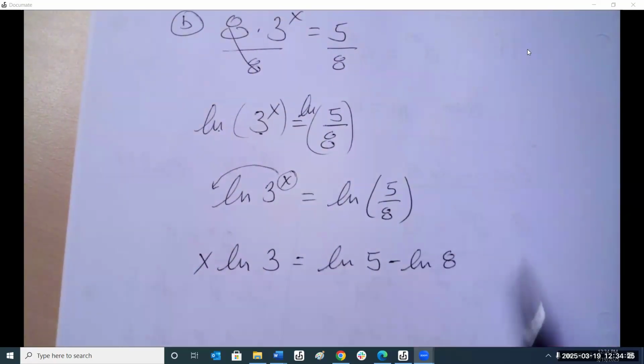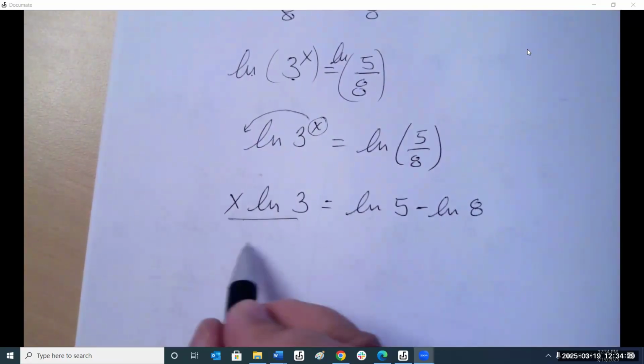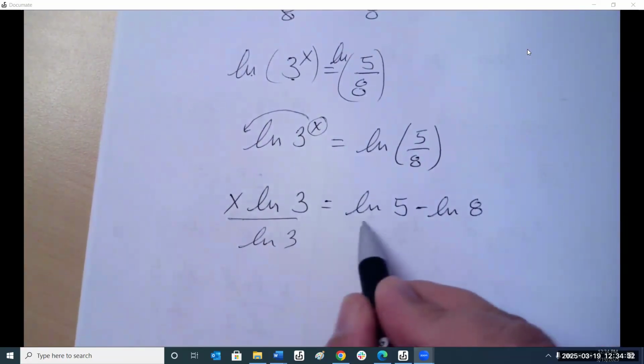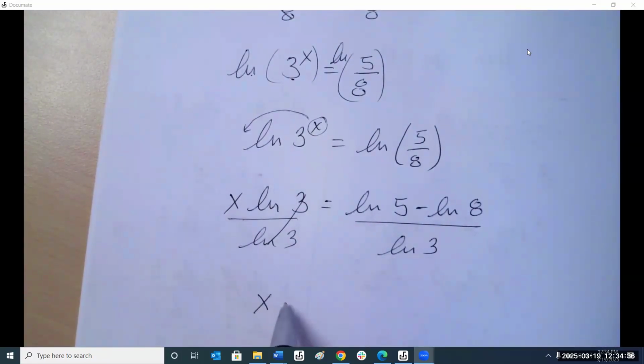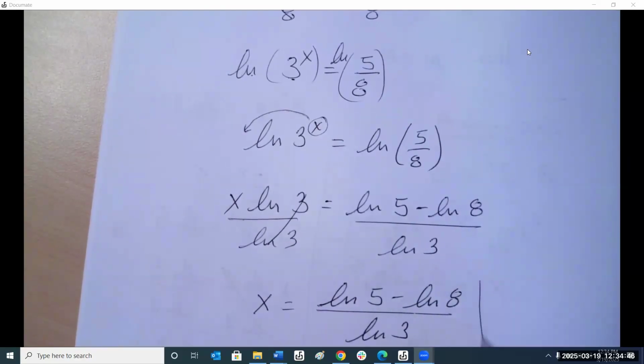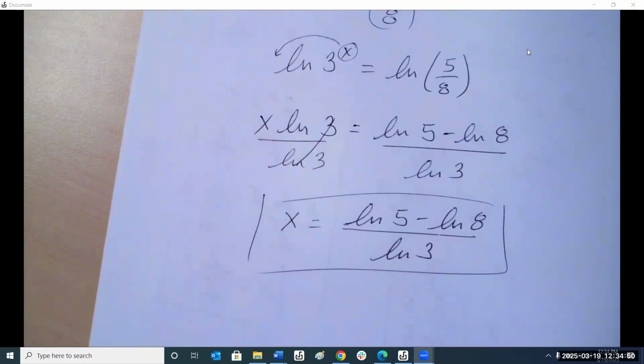Because it's a fraction, I could subtract them. So x is equal to ln 5 minus ln 8 over ln 3. There's my answer. And if you want to know the exact number, just plug it in a calculator and punch enter.